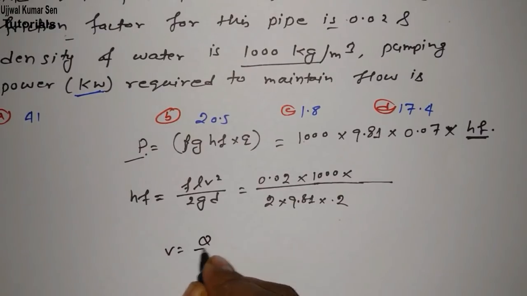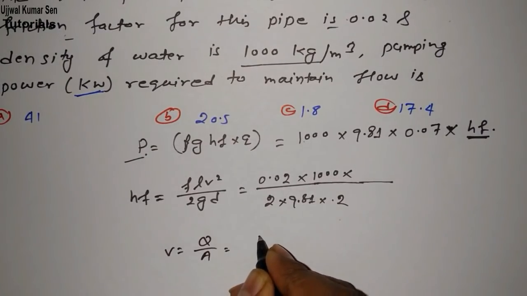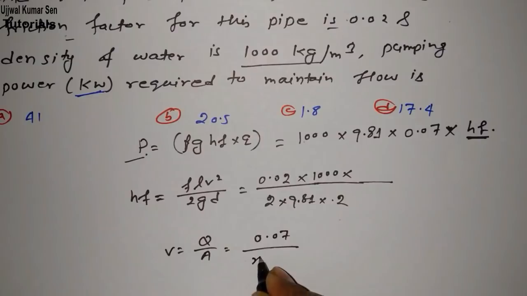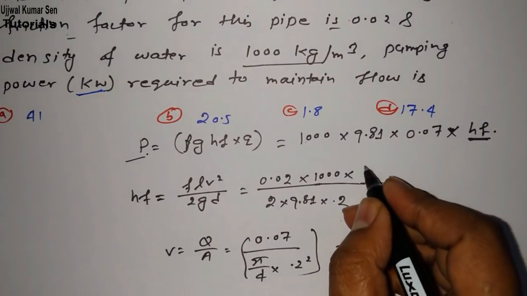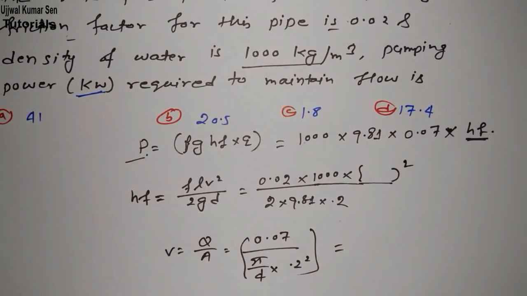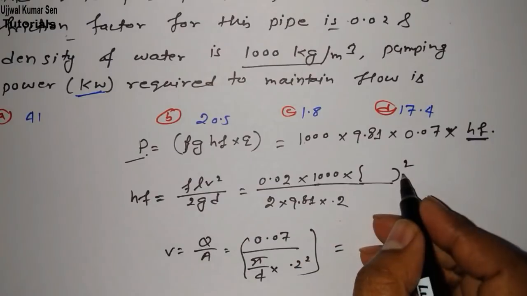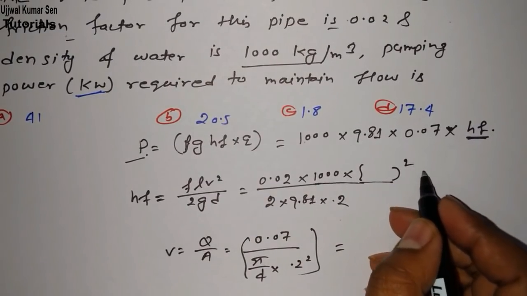Velocity is what? Q by A. I have already shared with you. Q is 0.07, A is pi by 4 D square, 0.2 square. So if we find this value, then we just have to put this value and square it. Here again you will make a mistake and forget this square, so don't forget this square.